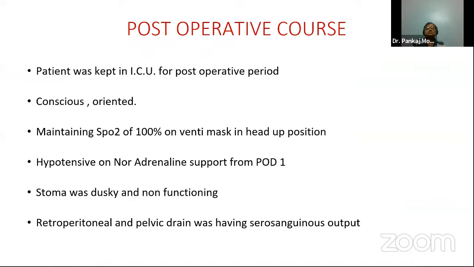Post-operative course: the patient was kept in ICU for the post-operative period, and was extubated, conscious and oriented, maintaining an SpO2 of 100% on a mask. The patient was hypotensive from post-op day 1 and was kept on noradrenaline support, and the stoma was dusky and non-functioning.